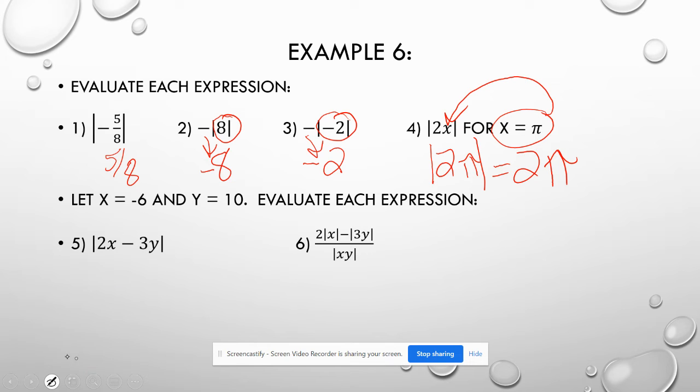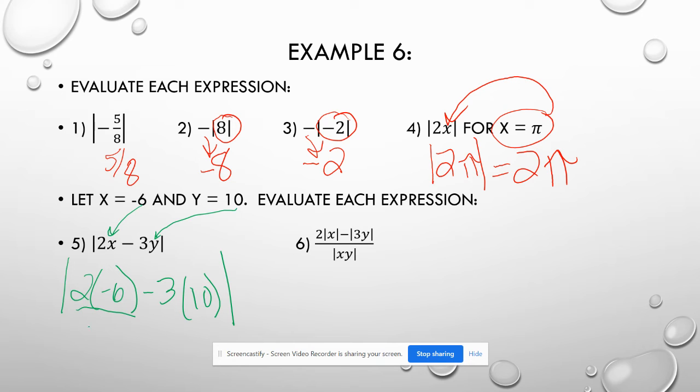If we are evaluating here for number 5, plugging in -6 for x and 10 for y. First, we have to do the math inside the absolute value. Then we can take the absolute value. So we don't do anything with the absolute value till the very end. 2 times -6 is -12.